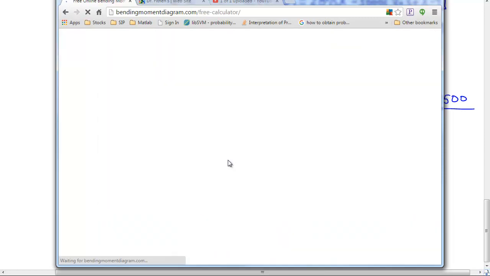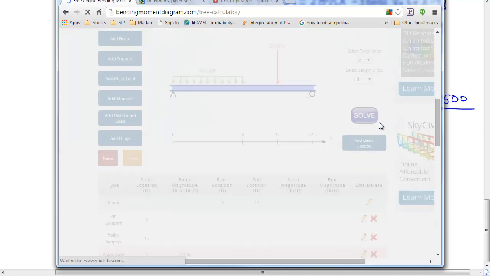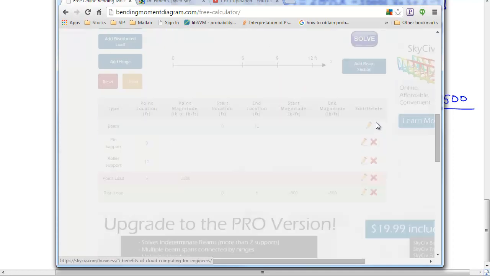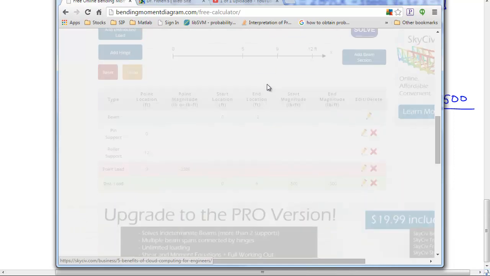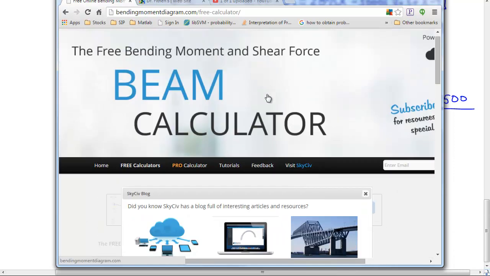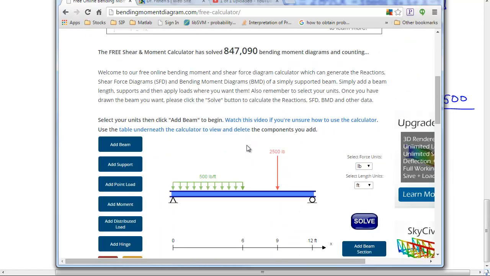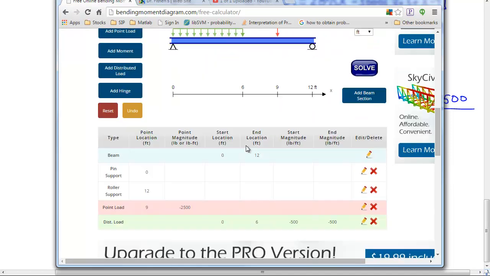Now I could go in and change something. I could move the point load, change its value. I can edit it. I can add a distributed load.